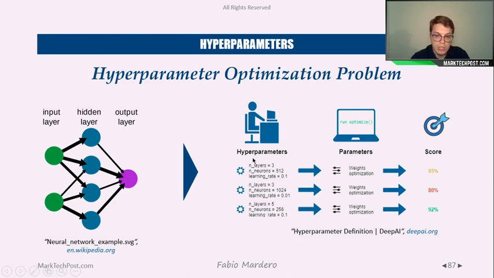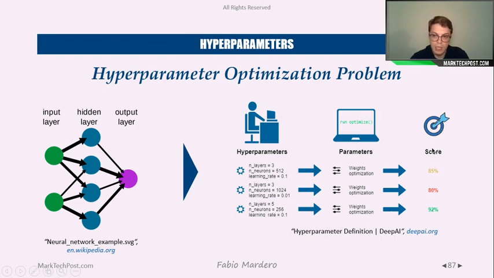We define these hyperparameters and then we train the model by finding the optimum weights. And then we get a score, a value for the empirical risk function. Then we try another set of hyperparameters, we train the model, and we get a score, and so on.